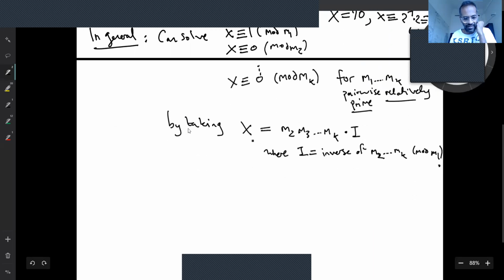Okay, so now the Chinese remainder theorem says that you can always do something like this, right?